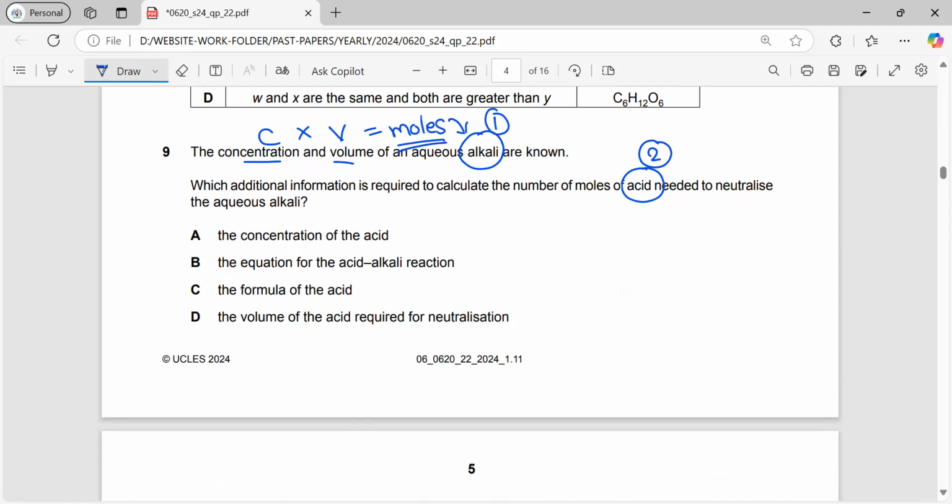And from the number of moles of alkali, we can find out the number of moles of acid by taking the ratio from the equation. So in that case, the equation must be given to us. So the answer is B, the equation for the acid-alkali reaction. It should be given so that we can take the ratio.